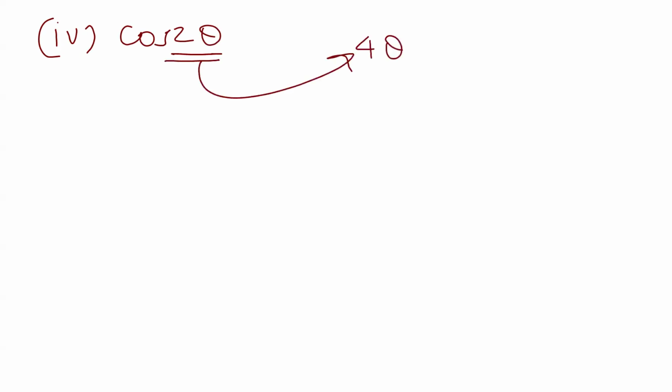Now the next problem is quite tricky. See, let's go to question number 4. We have to write cos 2 theta in terms of cos 4 theta. Now this time cos 2 theta has to be converted to cos 4 theta. This time we are not dividing the angle by 2, but we are multiplying the angle by 2. Okay, so see now, first I will write down this formula.